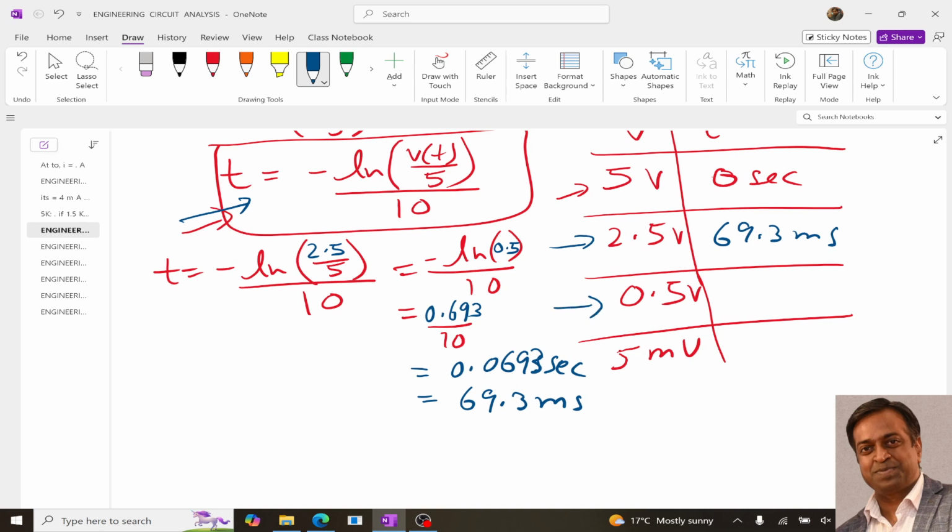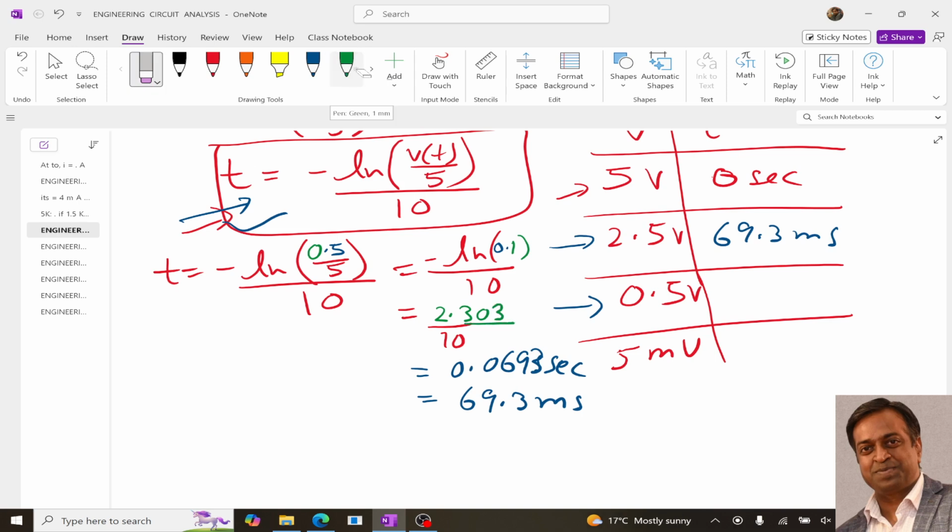So again substituting this 0.5 in this, we will get, over here I can remove this, it is 0.5, right? So over here this term will become 0.1, right? So 0.1, from this we will get 2.303, right?